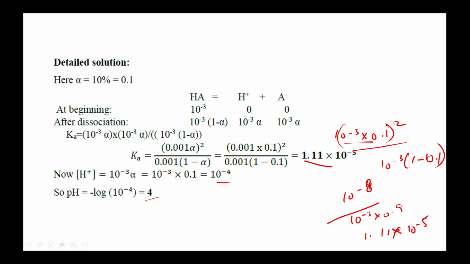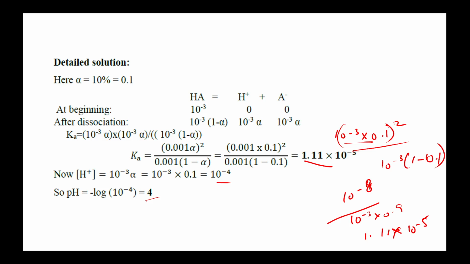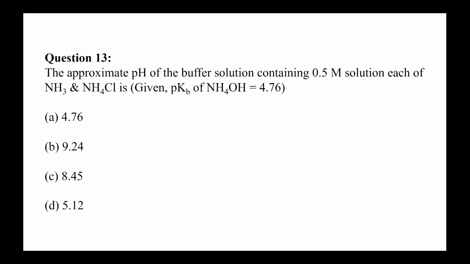Just recheck your calculation. You might have made a mistake while taking the denominator to the numerator part. Check your calculation. I hope you will get the answer. Moving to the next question.